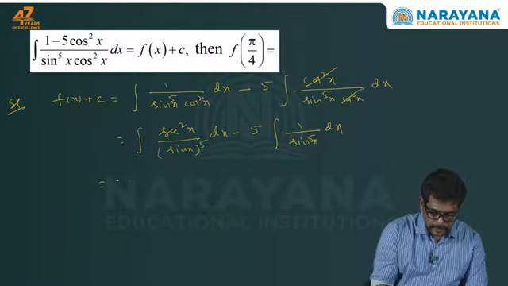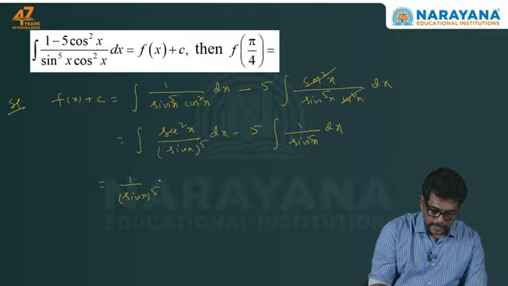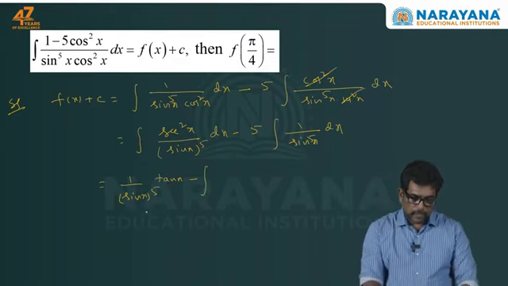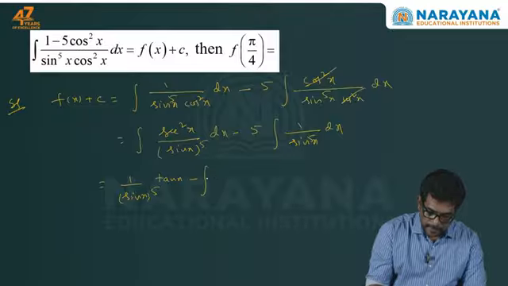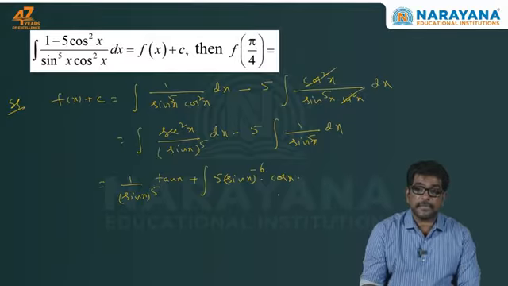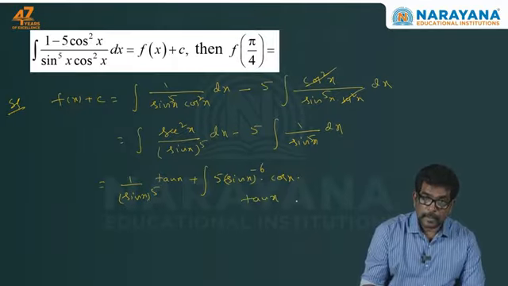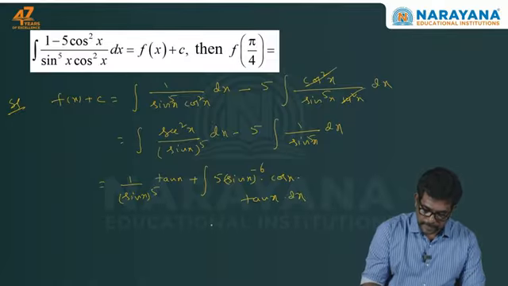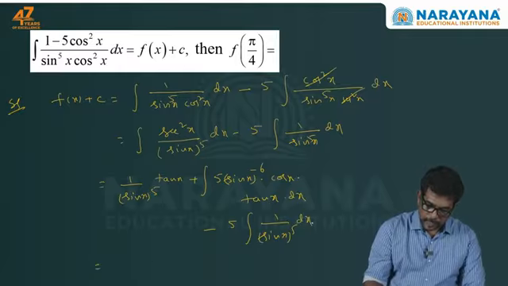That is, this becomes 1 by (sin x) whole to the power of 5 into integral of secant square x dx, which is tan x, minus integral of the derivative of 1 by (sin x) whole to the power of 5, which becomes minus 5, that becomes plus 5 times sin x whole to the power of minus 6 into derivative of sin x, which is cos x, into tan x dx, minus 5 times integral of 1 by (sin x) whole to the power of 5 dx. And plus c we are writing here.